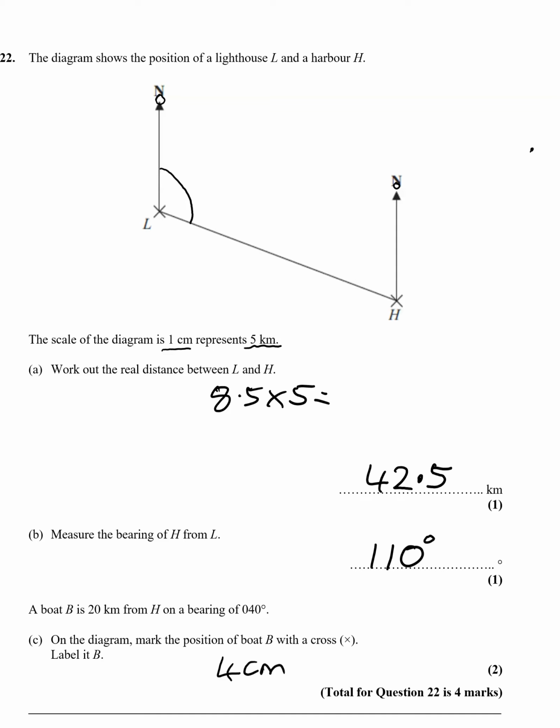Put your ruler on, line up the points, and go up 4 centimetres. So your diagram will look a bit like that, but obviously you need to make sure you've got an angle of 40 degrees there. And that's the bearings question.